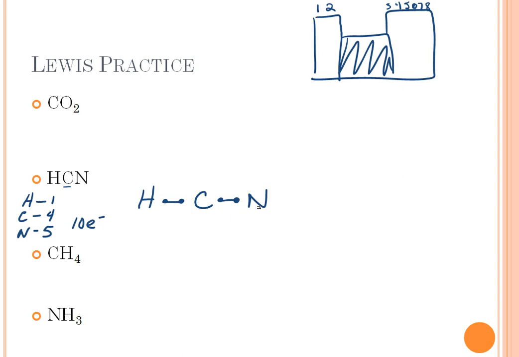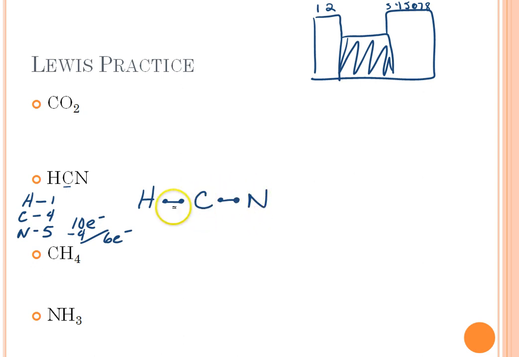Now, I have 10 electrons total, and I've already used 4 of them, so now I only have 6 electrons left. Now the question is, what do I do? Well, I need to make sure that carbon has 8. And hydrogen's already happy with what it has. It has the 2. It's just like helium. Now carbon and nitrogen need to both have 8.